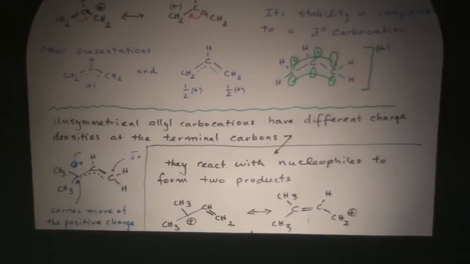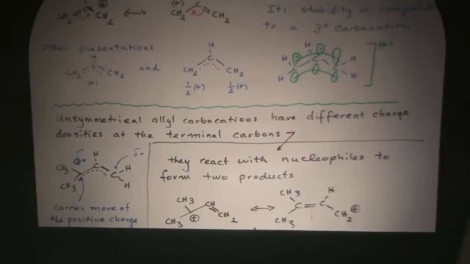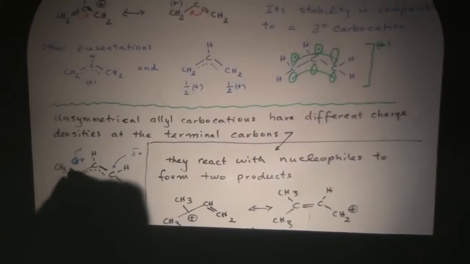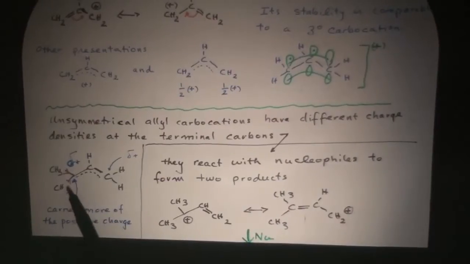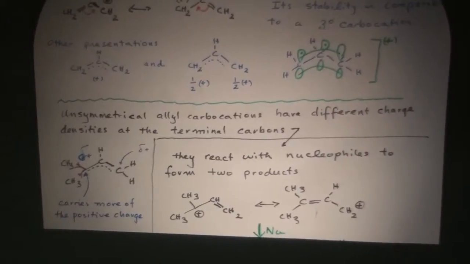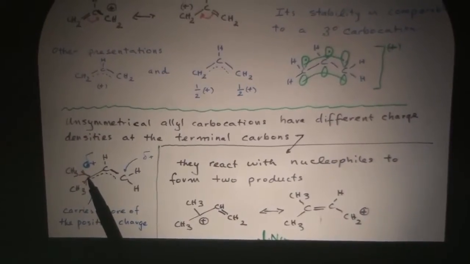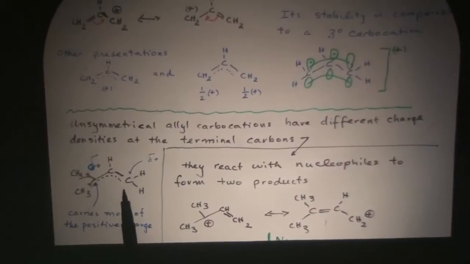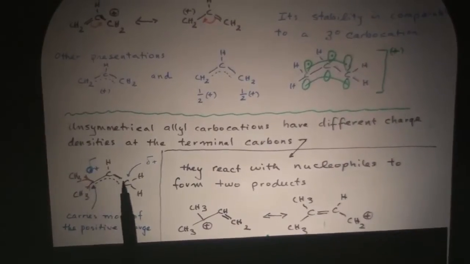And you ask yourself, now how do the substituents affect the charge density? Since we agree that methyl groups are electron donating, it certainly suggests that, while the whole thing carries a positive charge, the positive charge is more concentrated on that carbon than on that carbon. There's still a significant amount of positive charge here, but if anything, more than a half of it is here and less than a half of it is there.